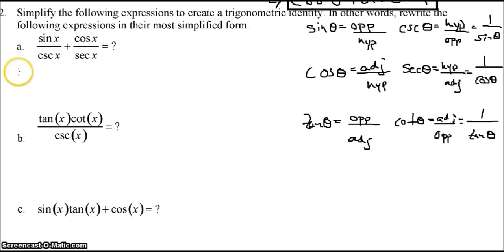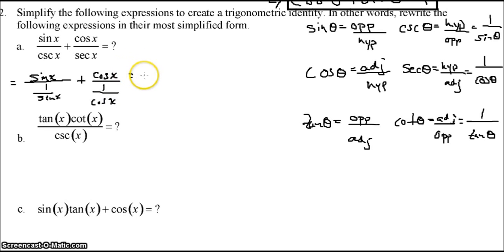what can we do? Notice that sine over cosecant is sine of x over 1 over sine of x, plus cosine of x over 1 over cosine of x.